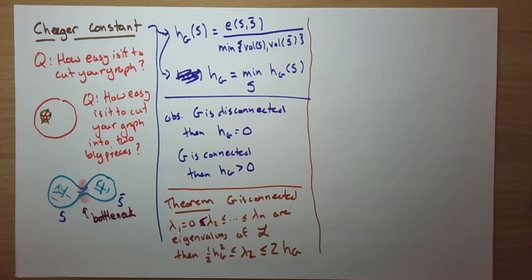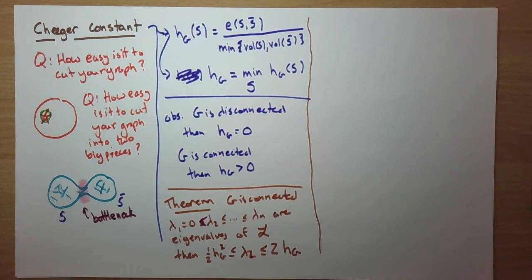So the punchline here, which will sound very familiar, it'll sound a lot like what we just said for discrepancy: if lambda 2 is small, then there's a bottleneck. Somehow your graph has a cut. Whereas if lambda 2 is large, well, that says there's not a bottleneck, and so it's hard to cut your graph into two pieces.